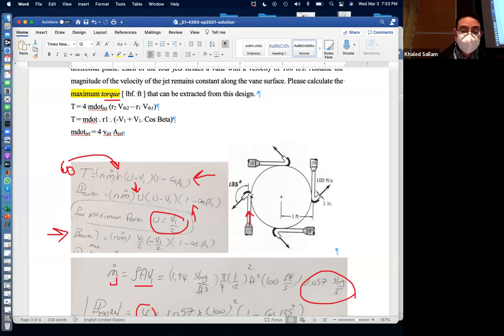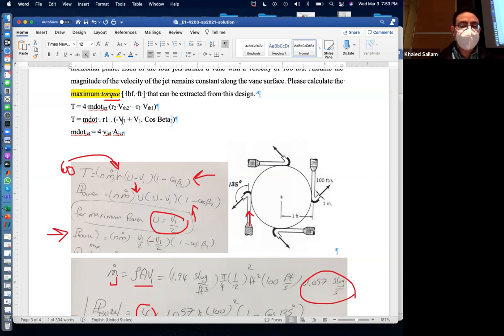At the exit at 2, some is radial and some is tangential. So I'm going to take v2 cosine 135, v2 cosine beta, it should be beta 2. So it's r2 v theta 2 minus r1 v theta 1, and it's the same r, so that's why r is out.